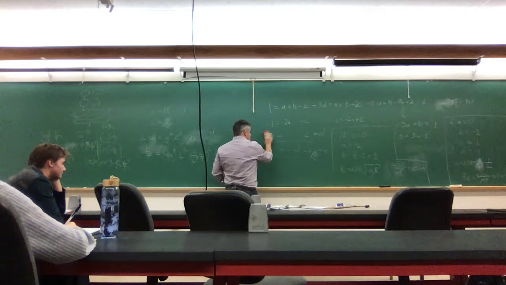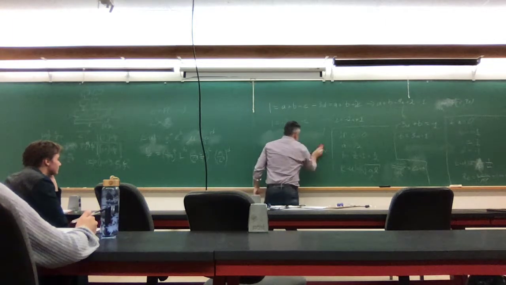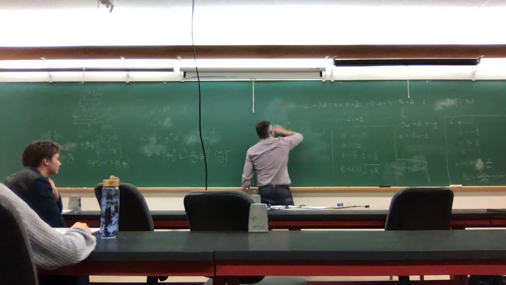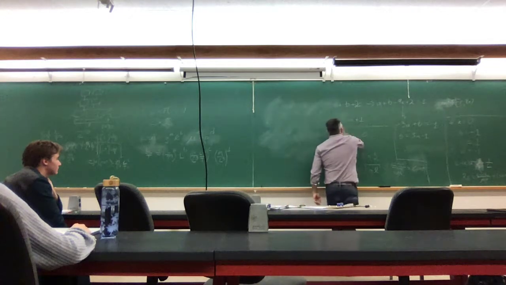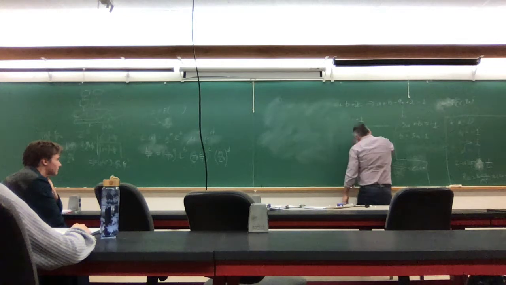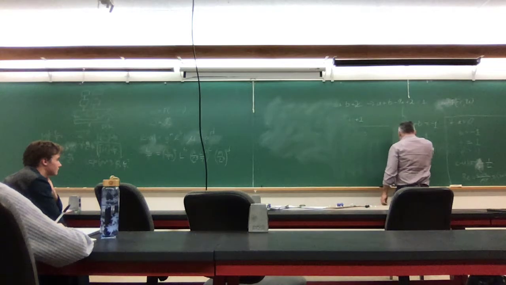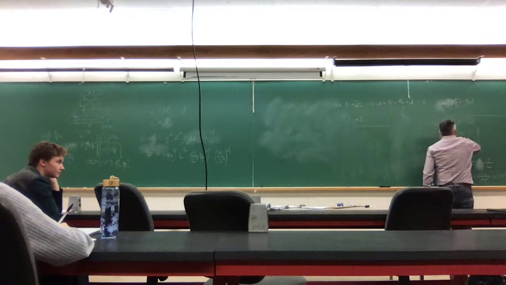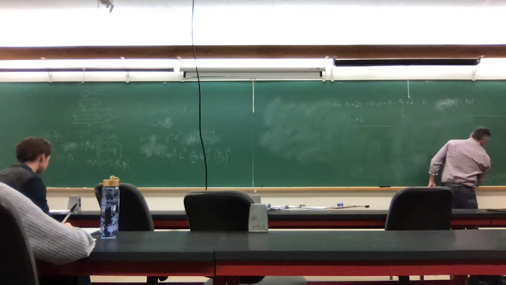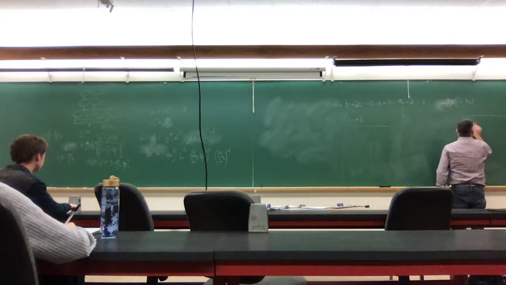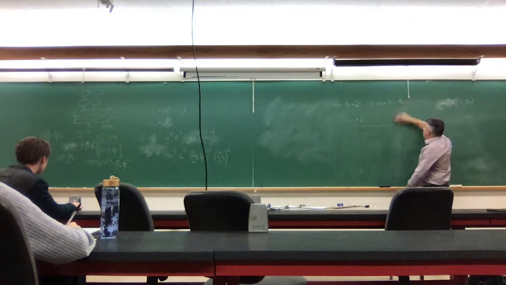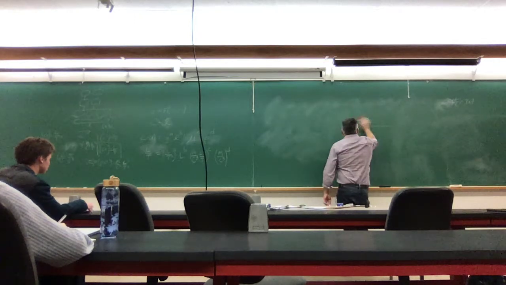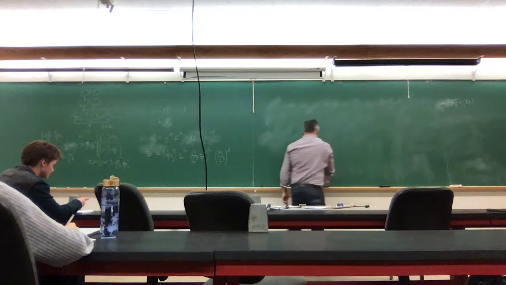Okay, so I'm going to erase all this, and then we're going to talk about the general property of the Buckingham Pi Theorem. The Buckingham Pi Theorem helps you count how many of these things you're likely to get from a given problem. And I go through the proof in the notes very poorly.